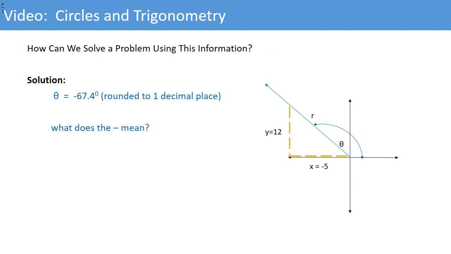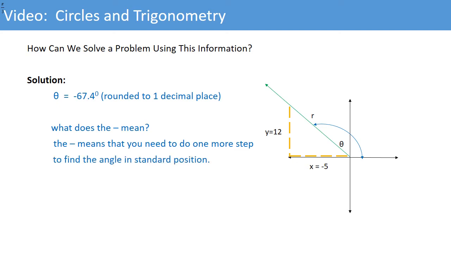What it means is that it's in the second quadrant, so we need to do one more step before we find the angle in standard position. Remember that the angle in standard position starts at the x-axis.